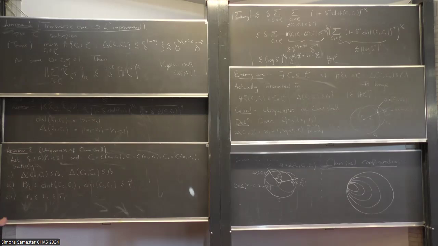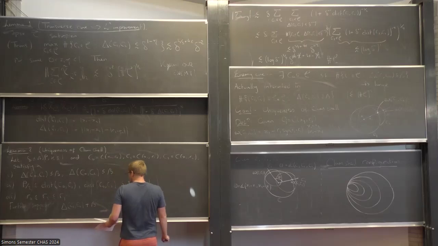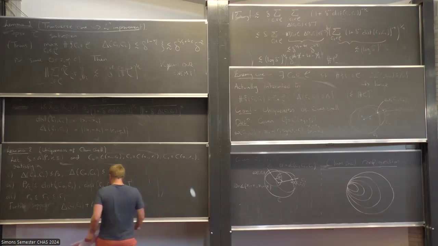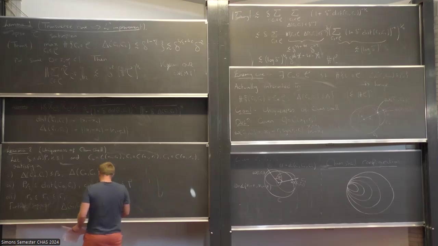Okay, so then further, let's suppose that C1 and C2 are close to being tangent. I'll set this in a very specific way. If I look at the tangent between C1 and C2, then I'll add the beta, which is controlling the tangent of this.